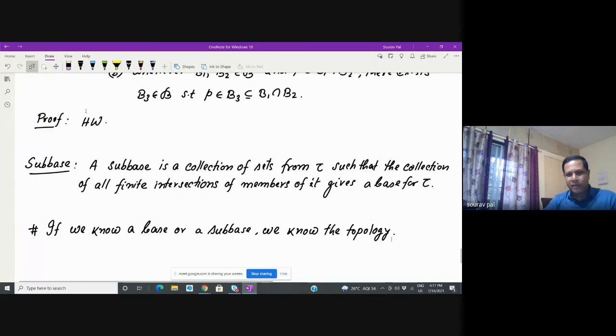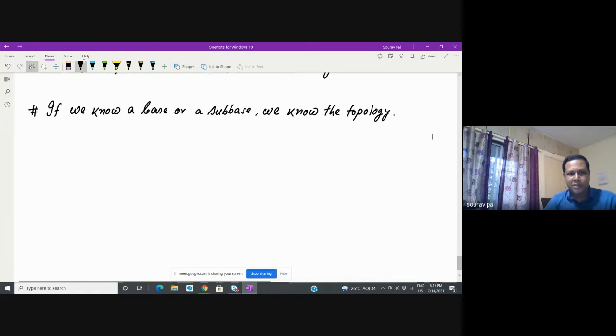So if I give you this collection, for example, I am giving you this beta to be this collection of A B cross C D. This is the Cartesian product of two open intervals.